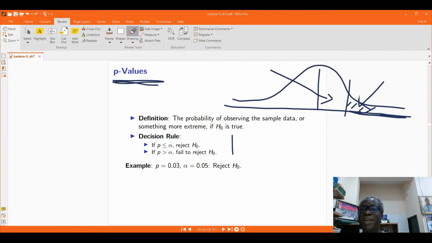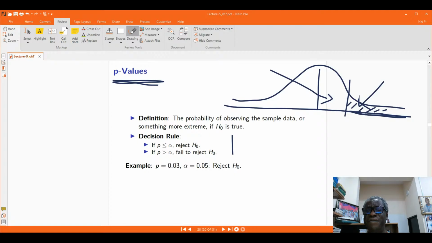If the p-value is in this shaded part, it means the p-value is very, very small, so you reject the null hypothesis.